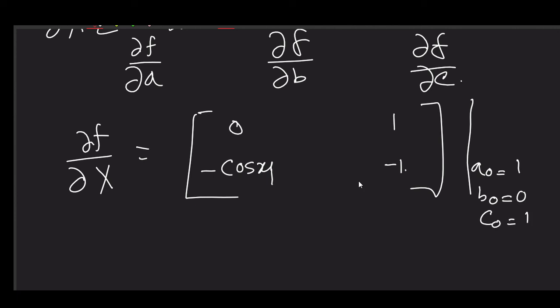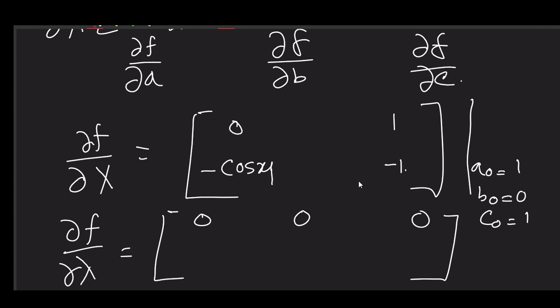And del f del lambda, that nominal one, will be what? That will be all 0, 0, 0, and here it will be minus x2, minus x2 cos x1.